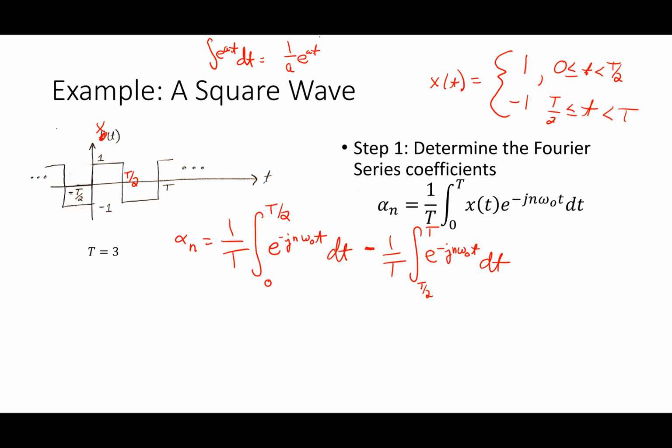So in this case, what do I get for this guy? Alpha n equals, let's do the first integral. What's the first one work out to be? Well, 1 over T times what? What comes down here? What's the a? So I did this e to the at, the integral of e. What's the a?